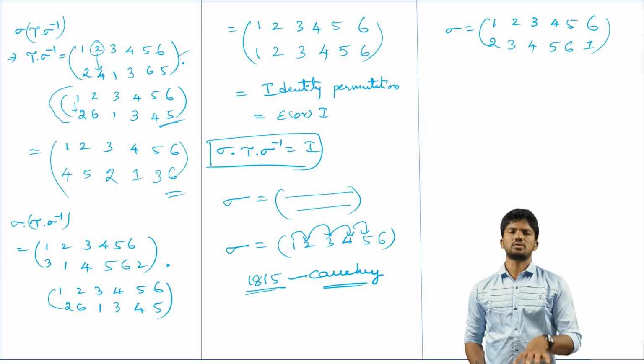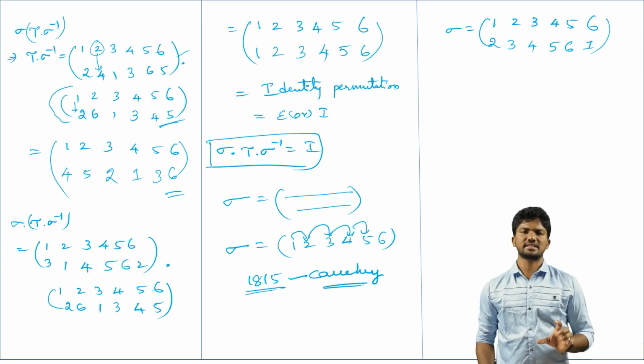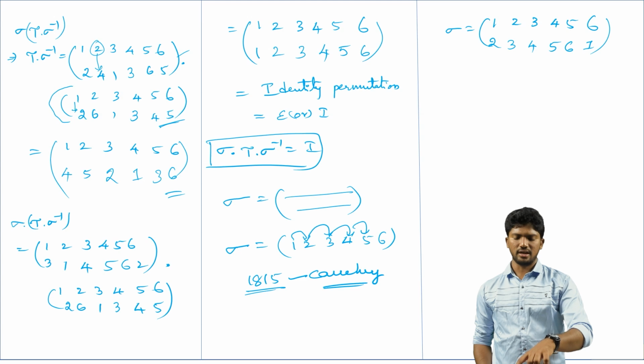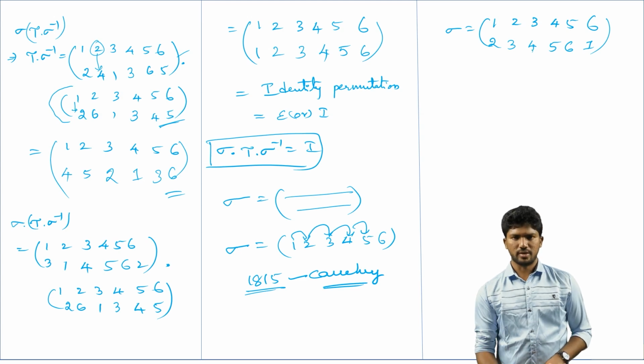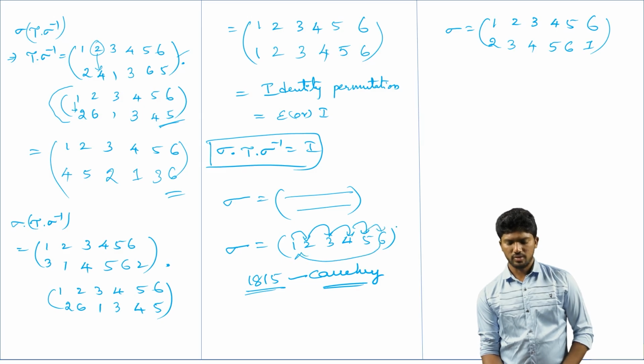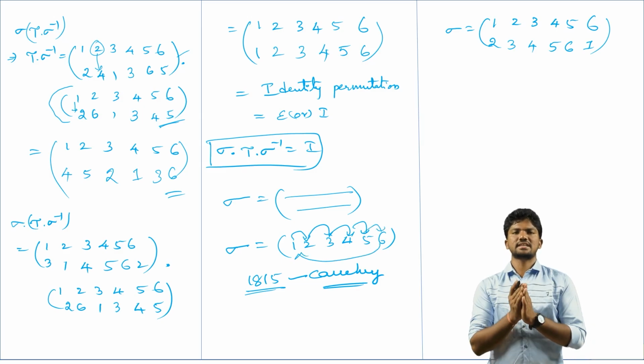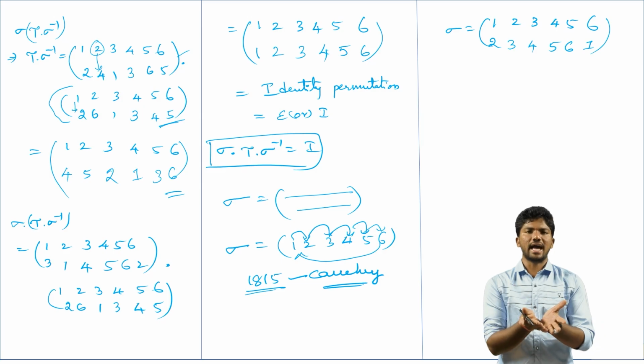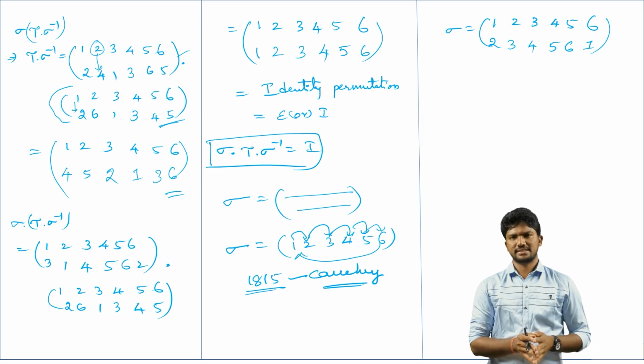In this format you have to take the permutation. Whenever they ask in the cycle notation, you have to take the original permutation in this format. Just 1 to 2, 2 to 3, 3 to 4, 5 to 6, 6 again to 1. So in this format, if they ask in the cycle notation or if they ask in the arrow notation, the procedure is same.